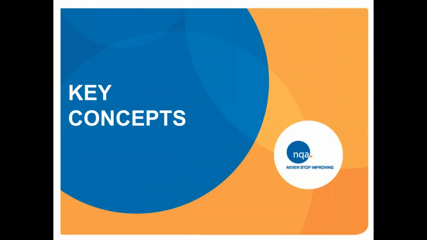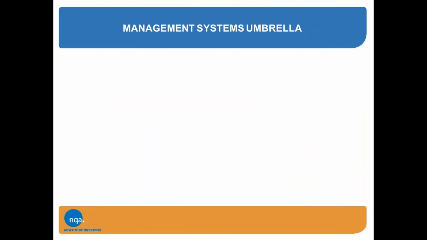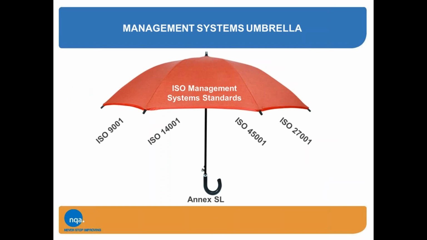So here we have the key concepts. If we think about the ISO management systems, yes, there are various types, but they're all following the same high-level structure of Annex SL.